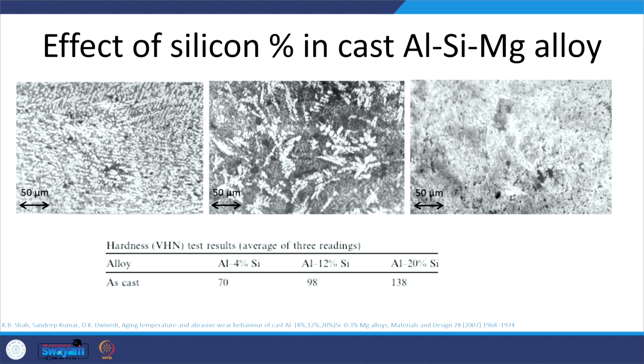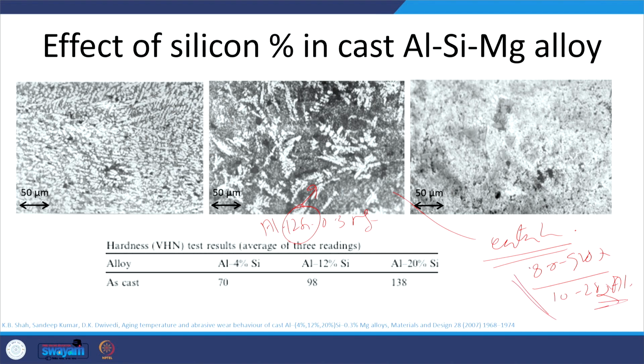Okay. If we talk of the aluminum 12% silicon and 0.3% Mg alloy, this corresponds to the eutectic alloy. So here it predominantly has the eutectic matrix, about 80 to 90% eutectic and 10 to 20% alpha aluminum.